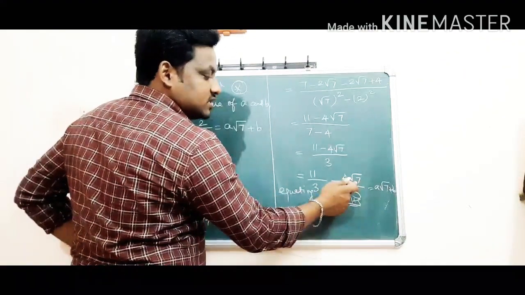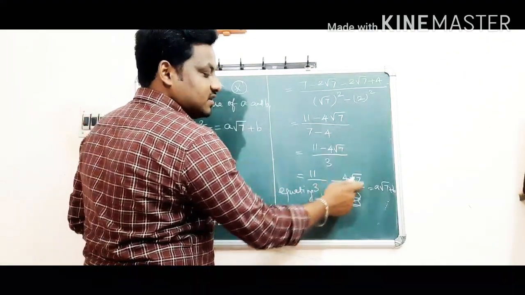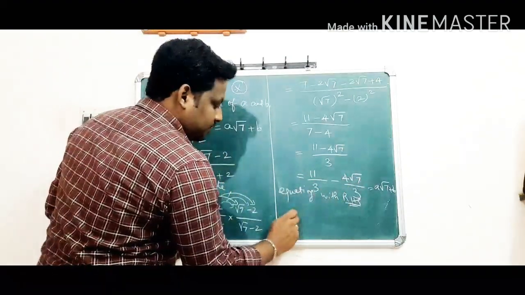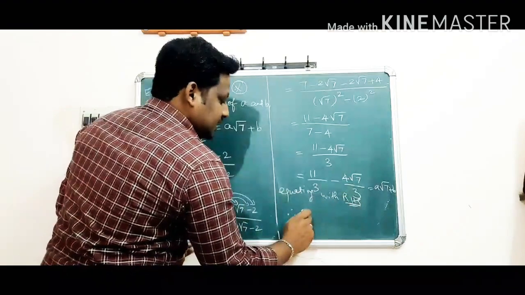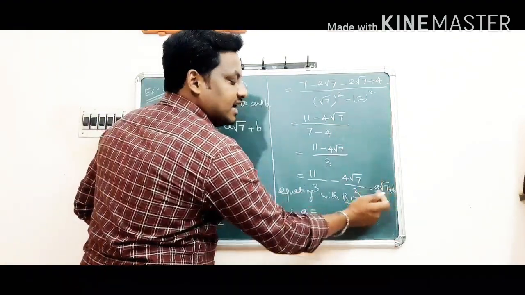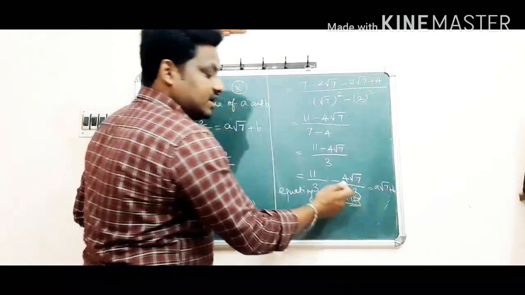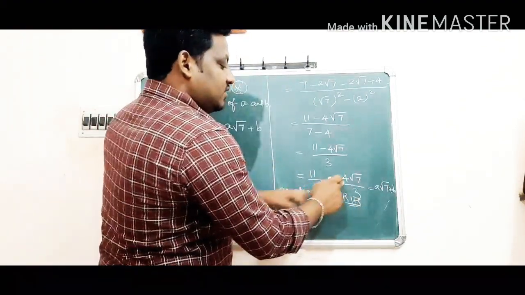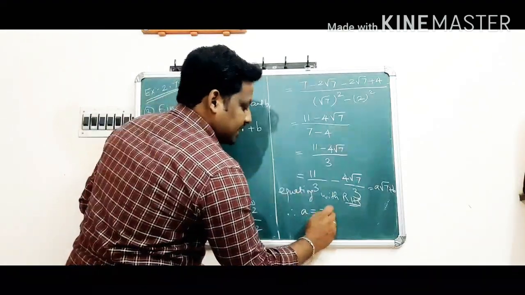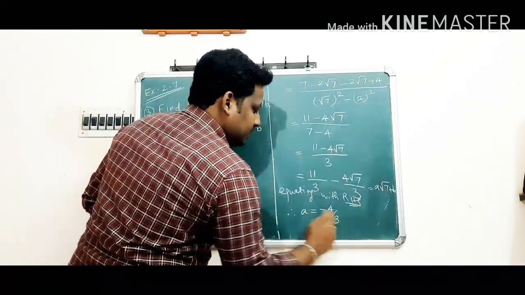Here what is the coefficient of root 7? Minus 4 by 3. So therefore a value is equal to the coefficient of root 7, that is the value of a. So what is the value of a? 4 by 3, and since there is a minus in front, a is equal to minus 4 divided by 3.